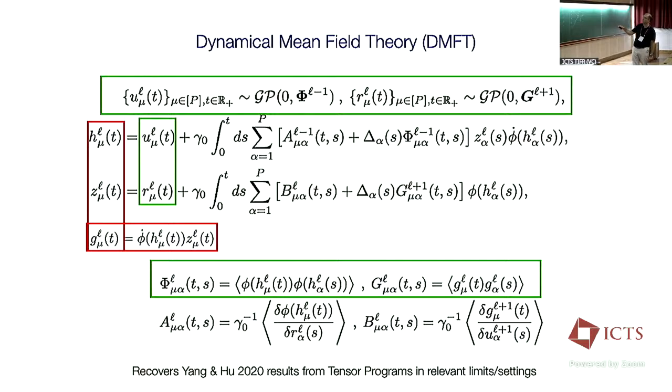If we ignore what's happening over here, it's just saying that H at every layer is a Gaussian process whose kernel derives from the statistics of the previous layer. If you know the paper on deep neural networks being Gaussian processes, it covers exactly that result. Now there's a second term here.